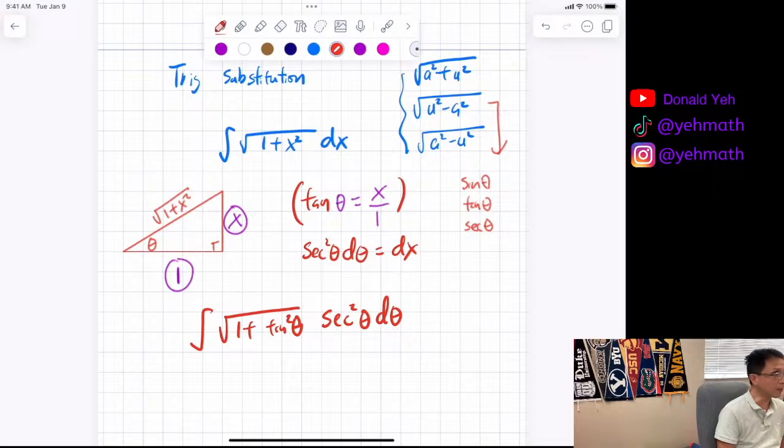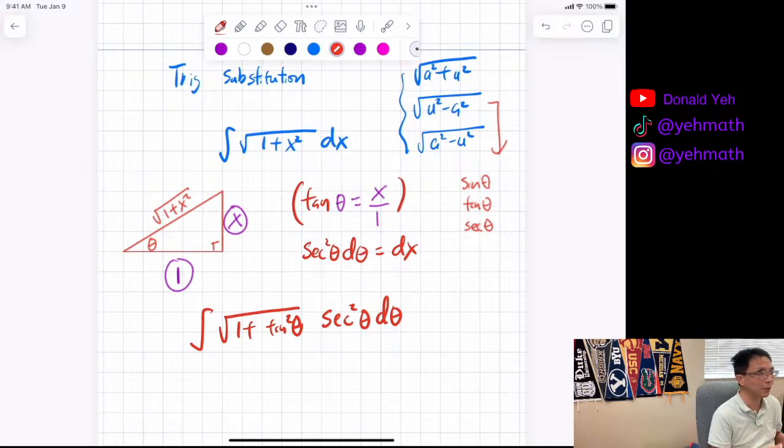Now this is the reason why we're doing this. You're going to say, Mr. A, you just made the problem way harder than before. But now you've converted it to something that is integrable rather than not integrable.